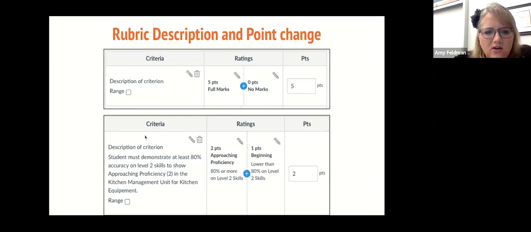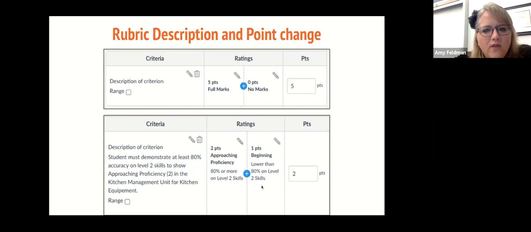So here is my description of the criterion. I changed 5 into 2. That means 80% or more. And I left it as a 1 because it's beginning. That means they got lower than 80%.